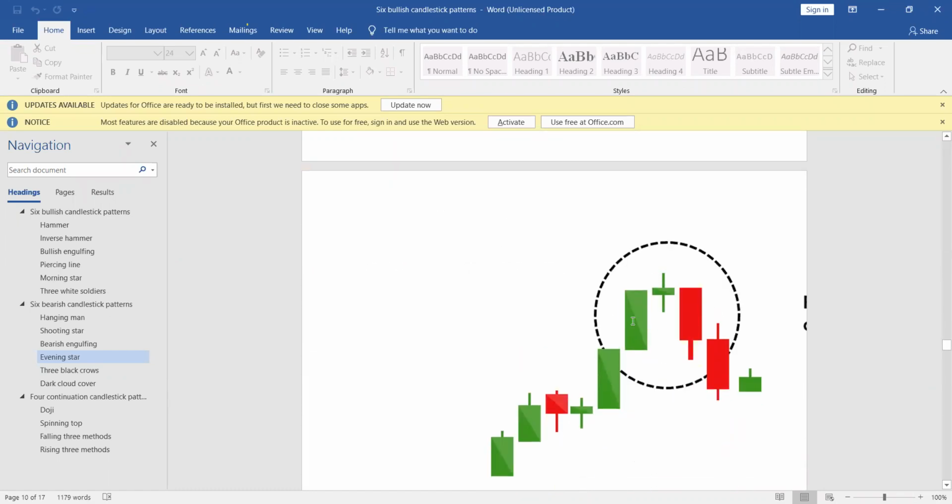So we have the evening star, and this is what happens. You see, the bulls right here are powerful. Now, at this point there is some sort of indecision. We are indecisive of who is powerful in the market, who has more force in the market, because the market opened right here. The bears brought it down. The bulls took it up right here. The bears brought it down and it closed right here.